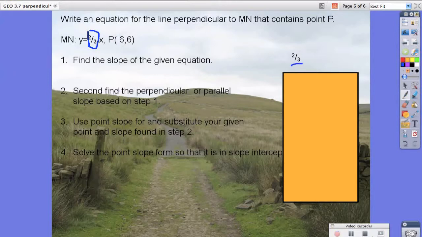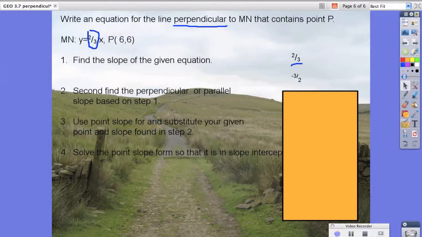Second, find the parallel or perpendicular slope based on step 1. Now in the problem, they're asking us for perpendicular. Remember, when we change slopes into perpendicular slopes, we flip it over, or we take the reciprocal of 2/3, which is 3/2, and then we make it negative, giving us -3/2.